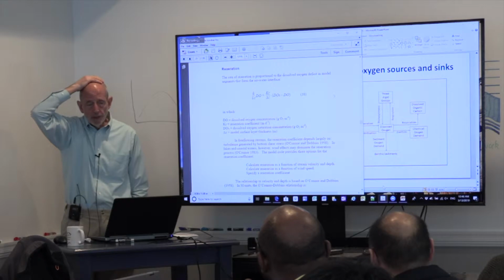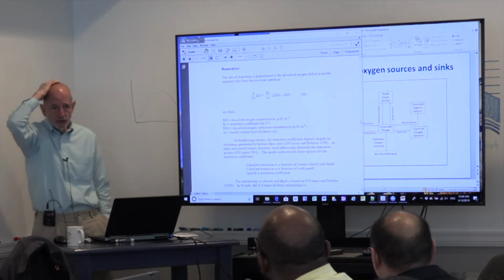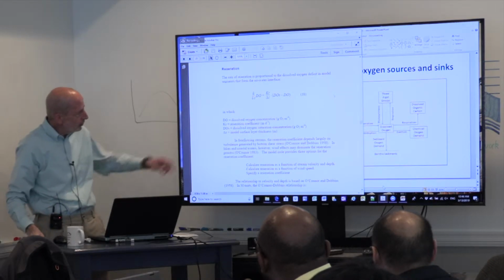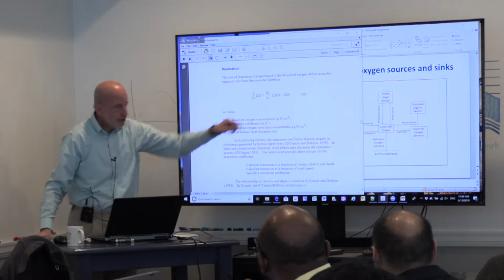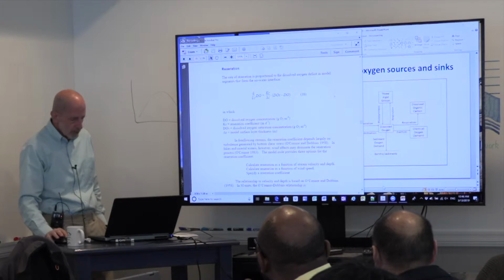So if you've got a big deficit, reaeration occurs rapidly. If you don't have any deficit, it doesn't occur at all. The key, the problem, is in specifying this reaeration coefficient. And there are many different ways of specifying that.